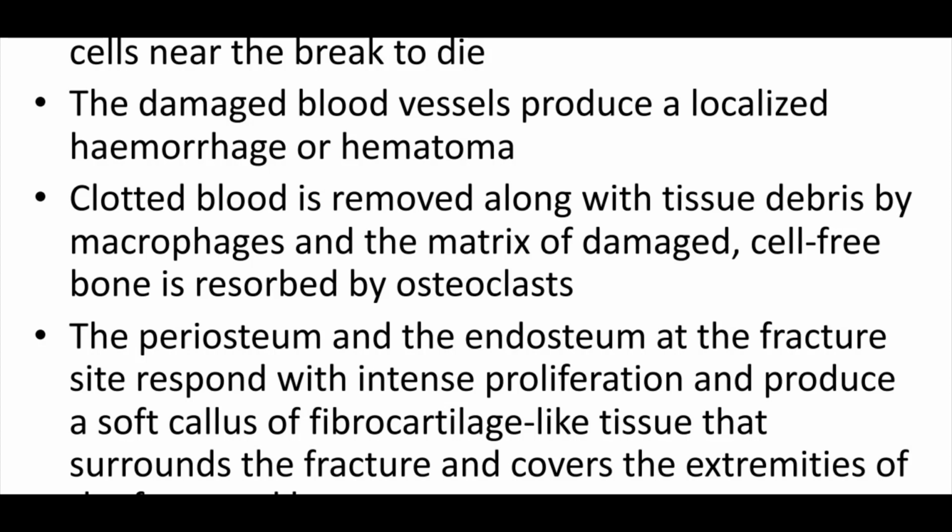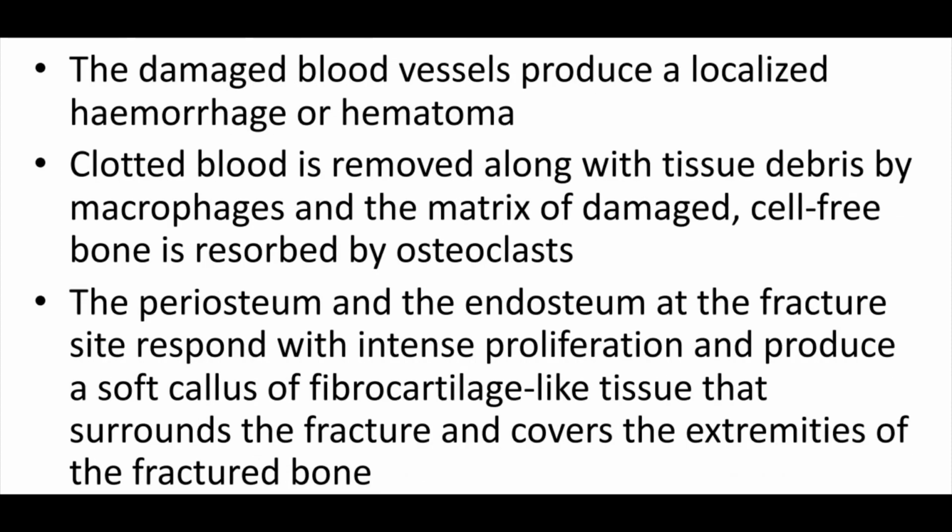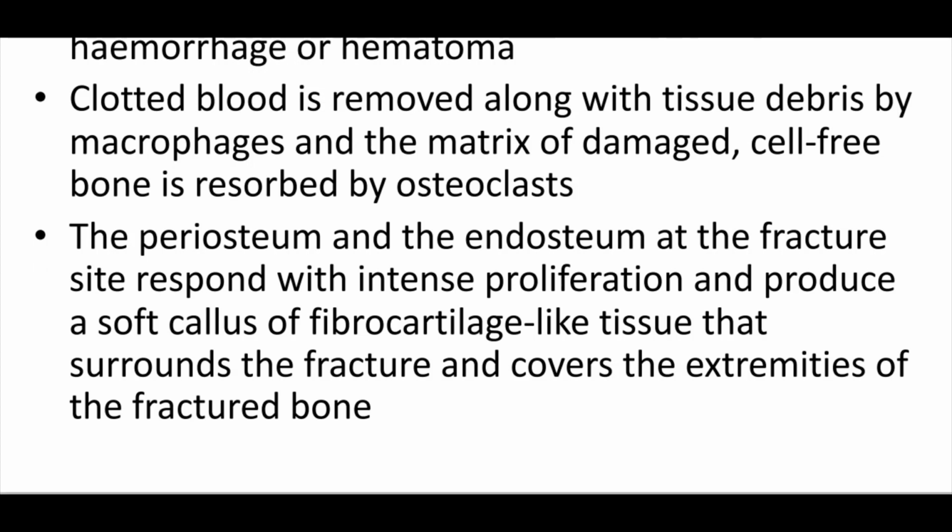Clotted blood is removed along with tissue debris by macrophages, and the matrix of damaged cell-free bone is resorbed by osteoclasts. The periosteum and the endosteum at the fracture site respond with intense proliferation and produce a soft callus.